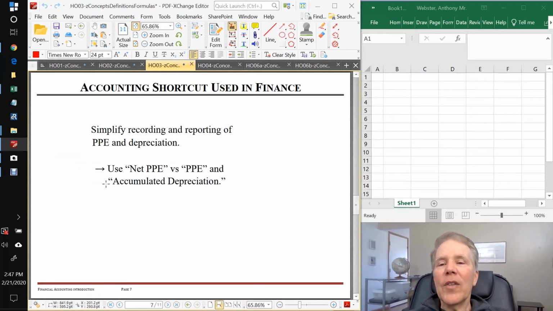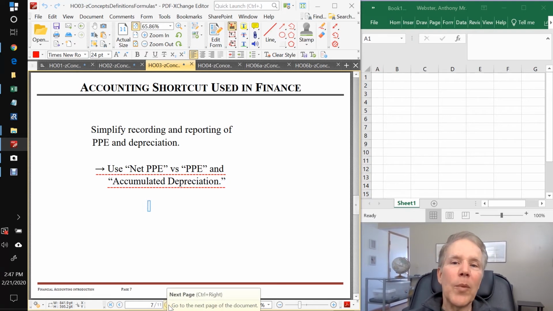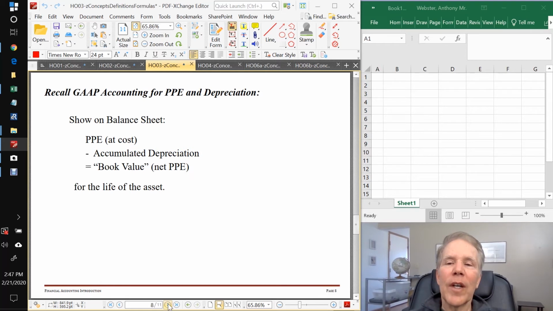Okay, and then the other thing that we're going to be doing, we've already started doing, but we'll be using this with a lot of our models throughout the semester, is we're just going to use net PPE instead of PPE and accumulated depreciation. So it's a lot simpler, and it's very much like, for those of you who have seen it, the way that amortization of a patent works, for example.